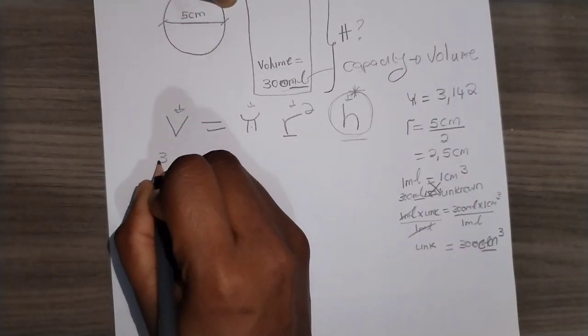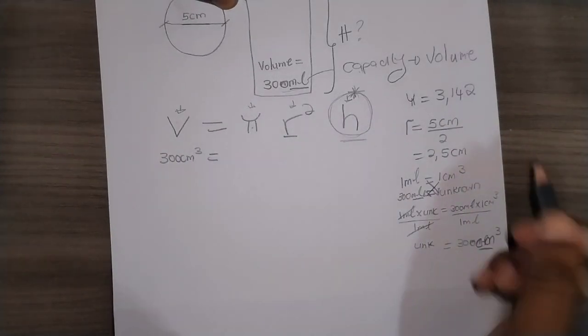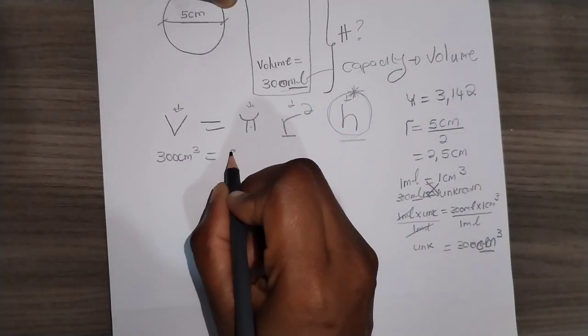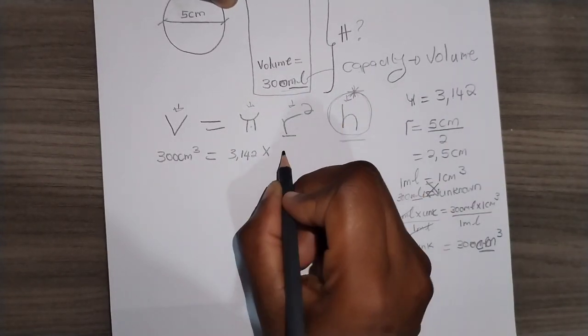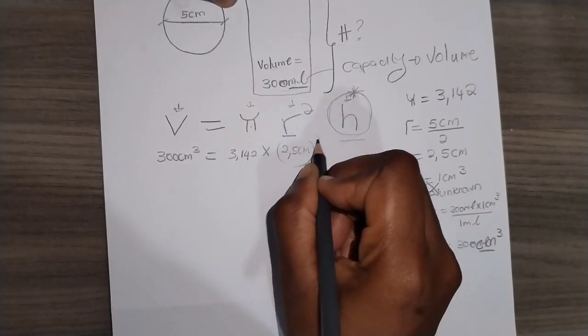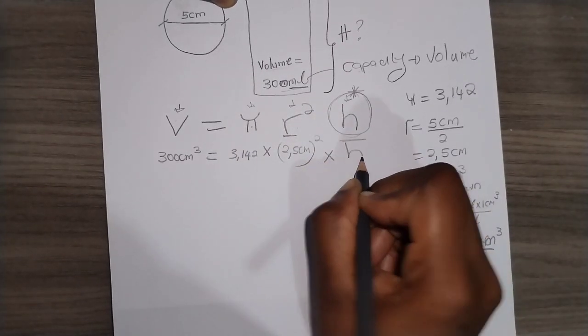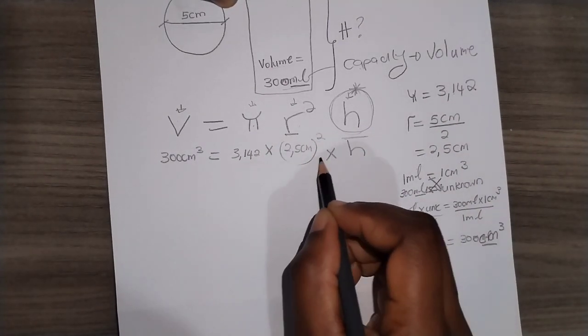We have 300 centimeter cubed is equal to pi. Pi is 3.142, times the radius, which is 2.5 centimeter, and that is squared, times the unknown, which is height. At this point, I need to sort this out first.